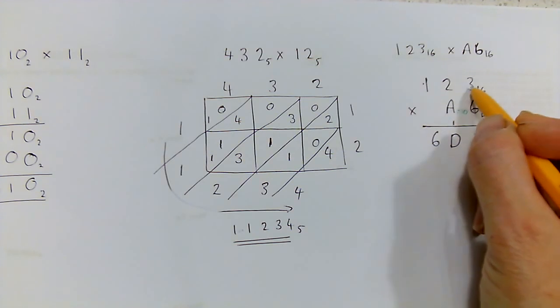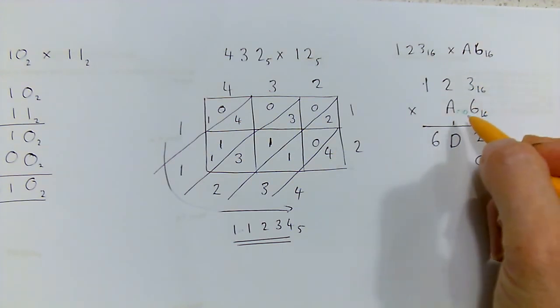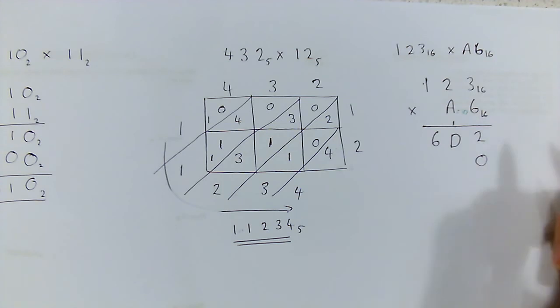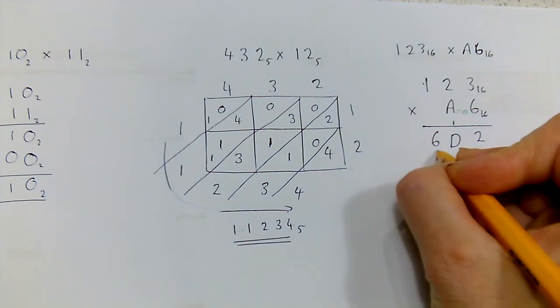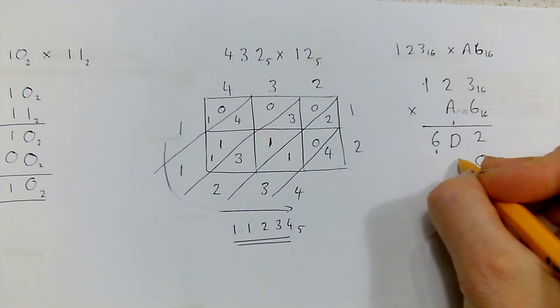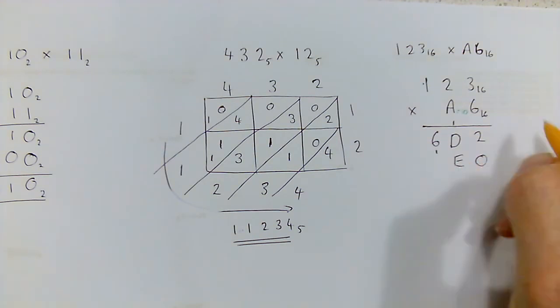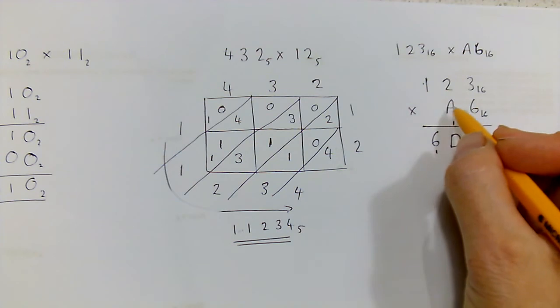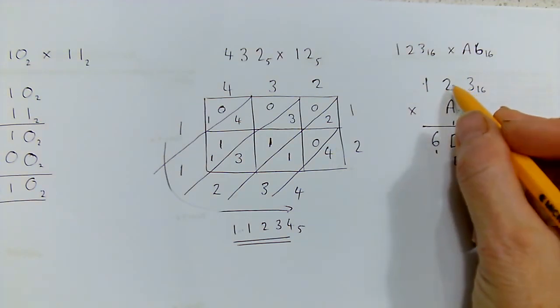So A is 10. 10 times 3 is 30. So 30 would be 16 plus 14. So I'm going to put a 16 in this column, and then 14 is E. There we go. And now we've got A, which is 10 times 2.